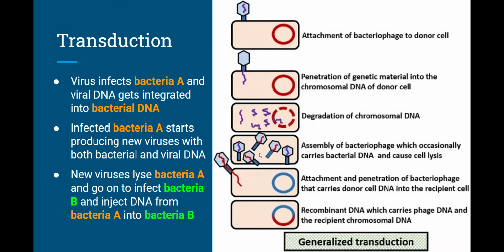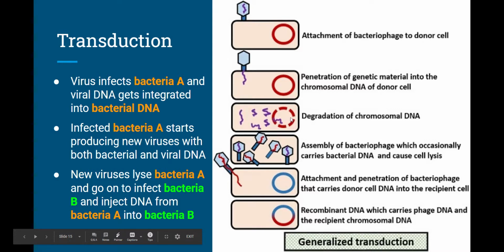Those new viruses will break free and go infect new cells. If a virus with bacteria A DNA infects bacteria B, that's going to get incorporated, and now that bacteria has new genes.